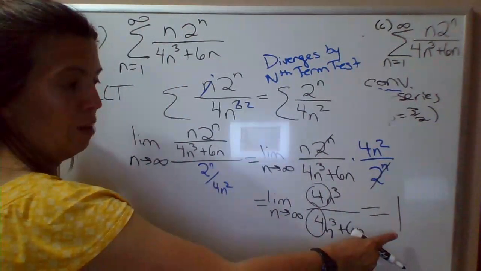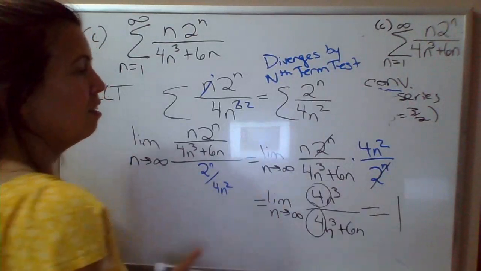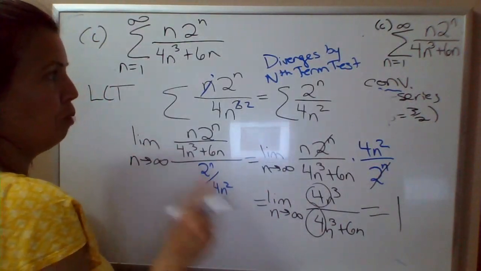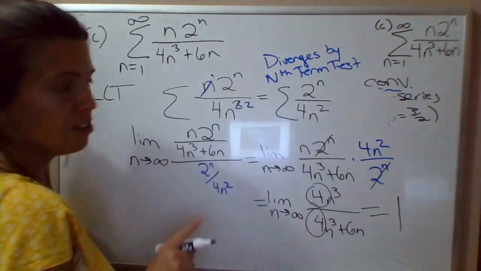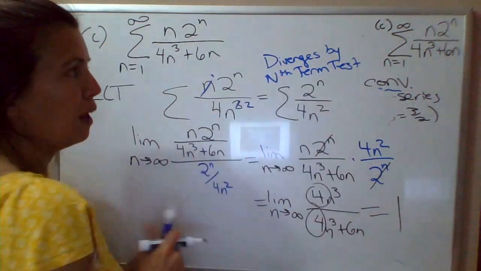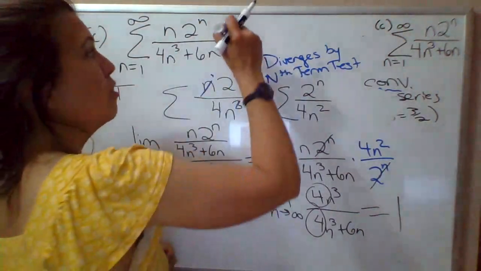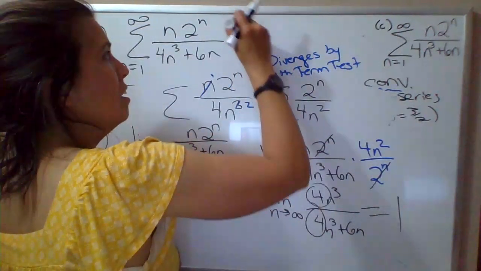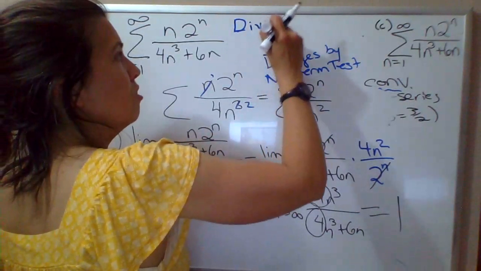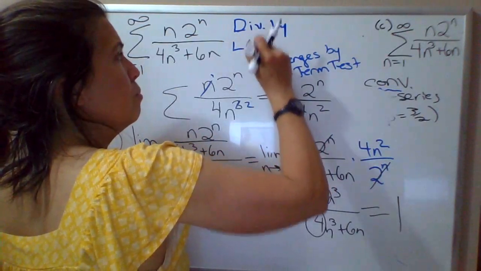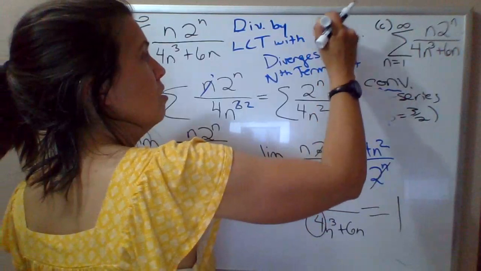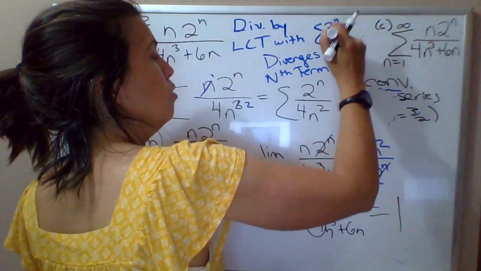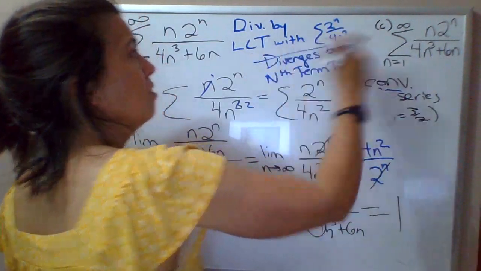A positive finite number for your limit means both series, the given series and our comparison series, have the same behavior. So since we're comparing it to a divergent series, the conclusion this time is that this series diverges by limit comparison test with the series 2 to the n over 4n squared. There's your answer.